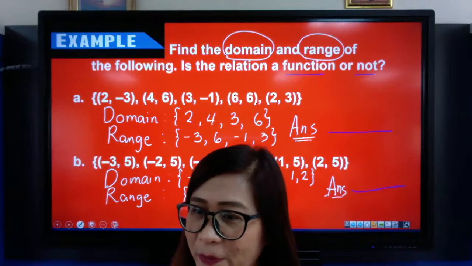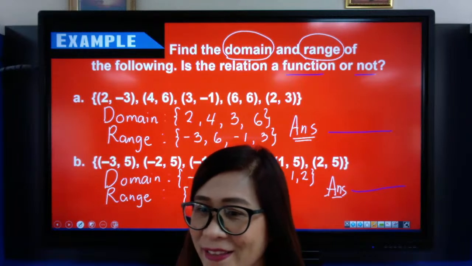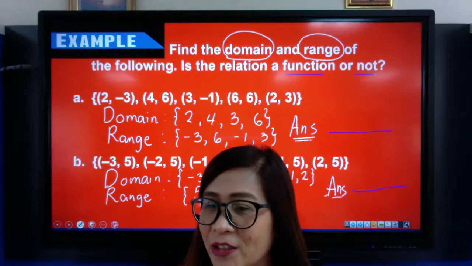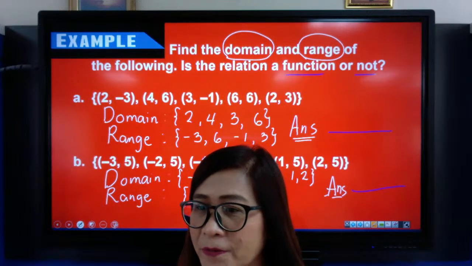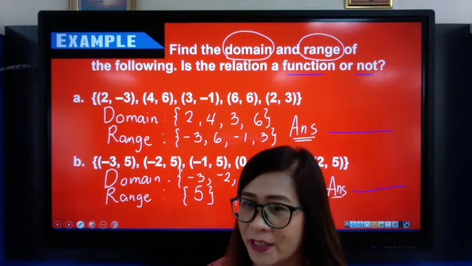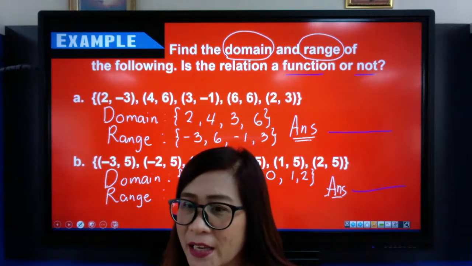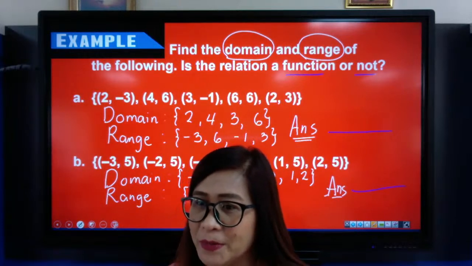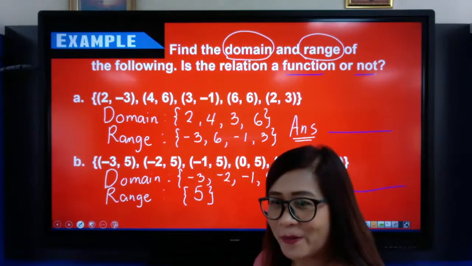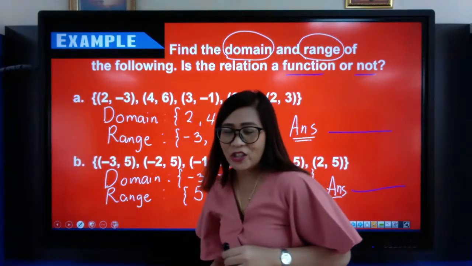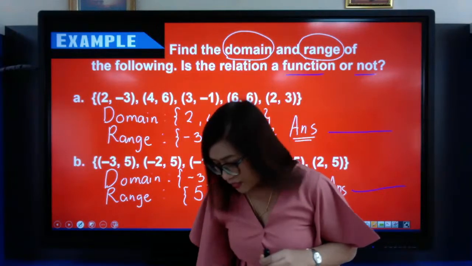Room 3, number 10, not. Room 4, number 44, not. Room 7, number 13, and one more, room 5, number 25. Oh, very good students. Excellent job. You are giving me all the correct answers.